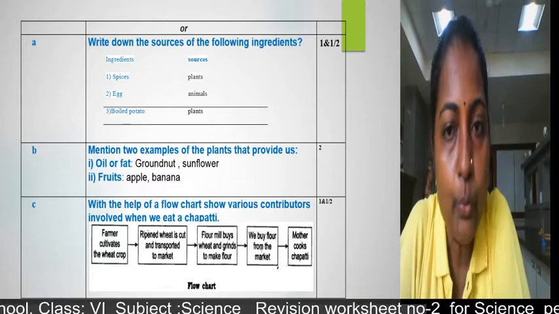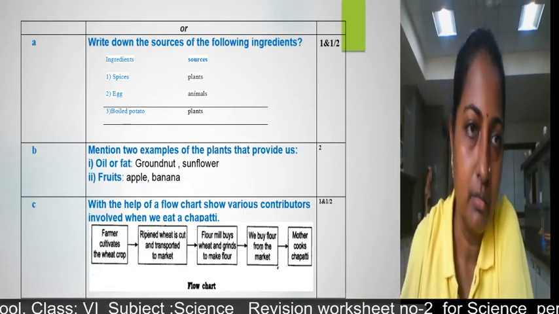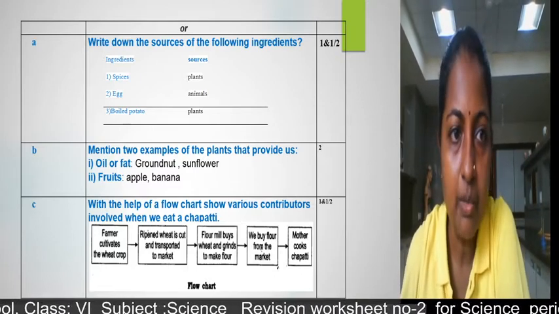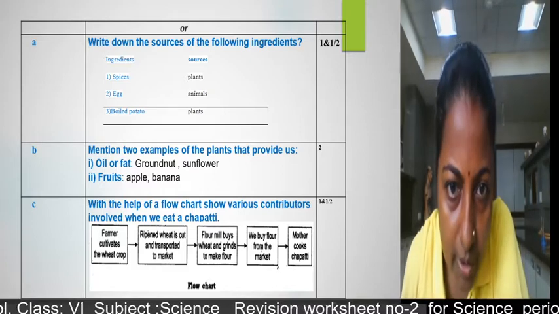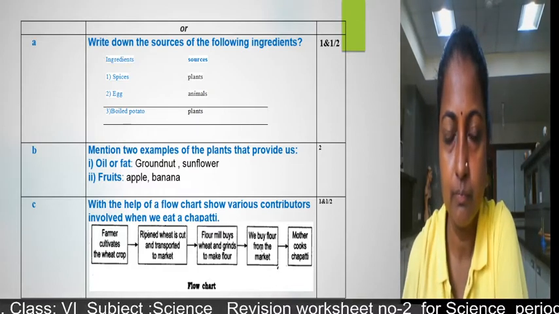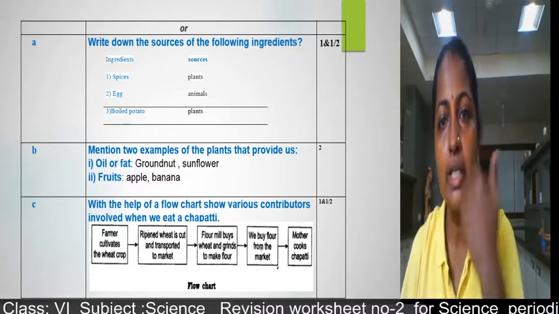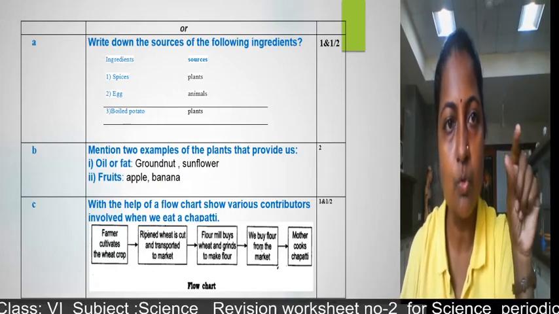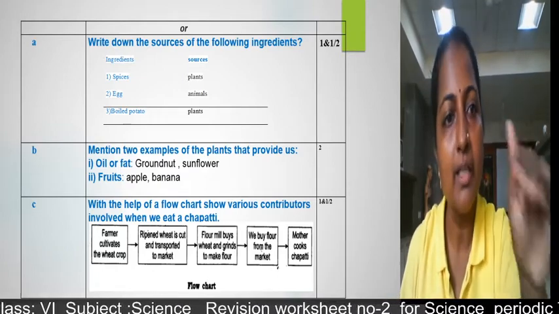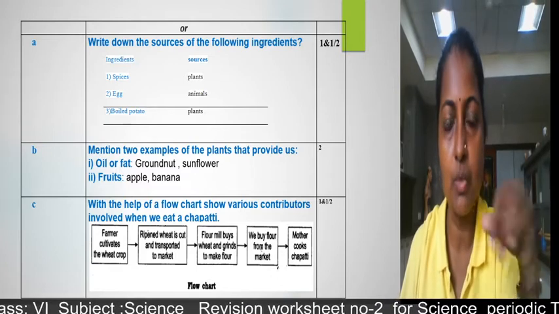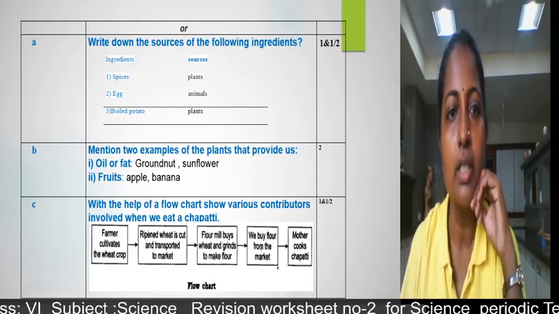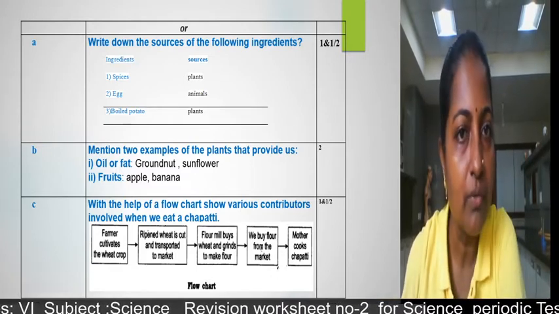Now next, you can see here again, if you write A, B and C, then only you will get 5 marks. Either you can write the difference between herbivores, carnivores, omnivores and 2 examples, or write all these ABC questions. So A, write down the sources of the following ingredients.